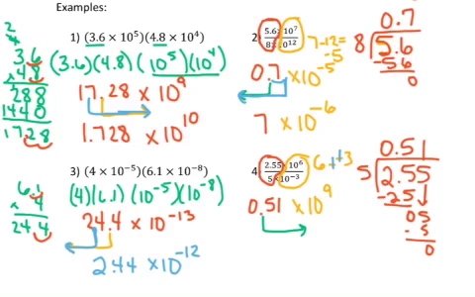But in scientific notation, we need the decimal point to be between this 5 and 1, 5.1. So since I already moved it 1 time, I only have to move it 8 more times to be in the same spot. So it's times 10 to the 8th. And that is the answer. So with those examples, you should be able to multiply and divide numbers that are in scientific notation.